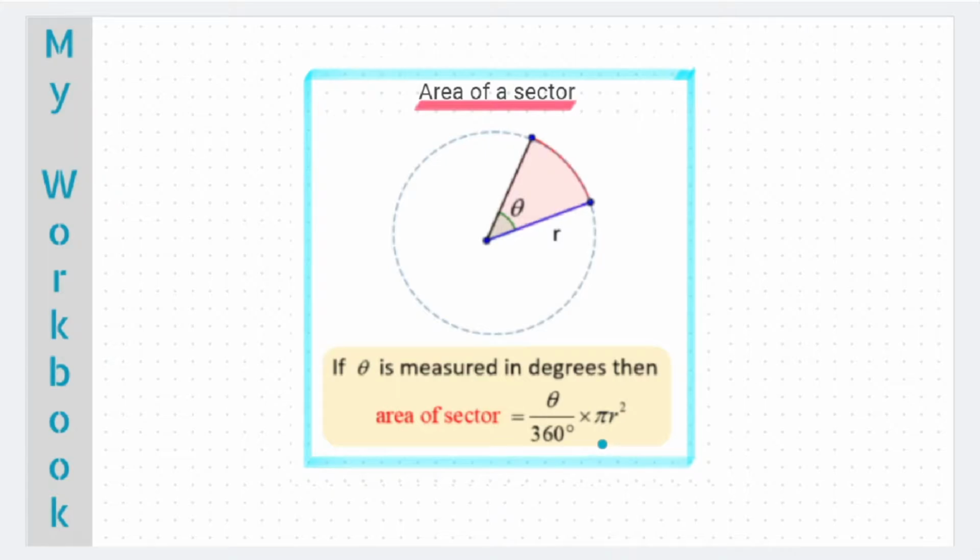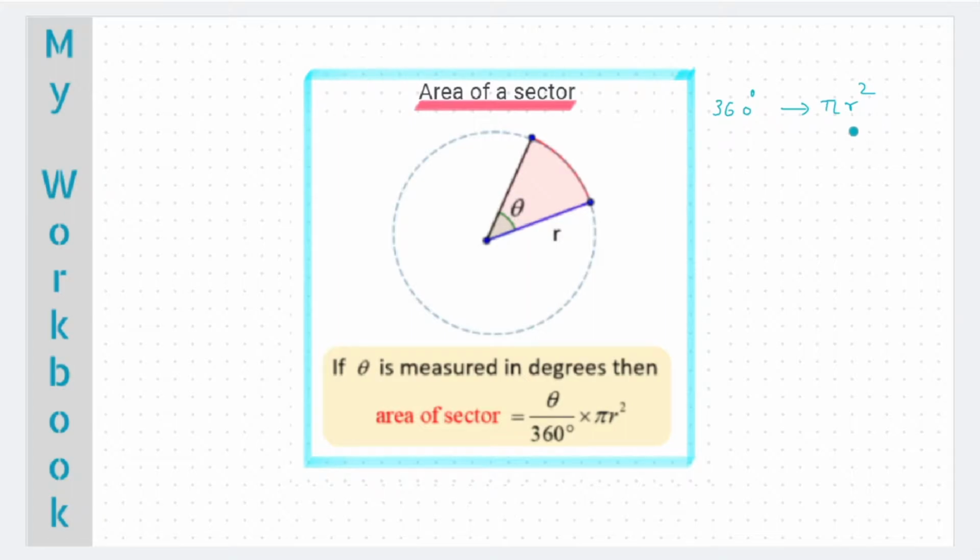We can consider the entire circle to be a sector where the angle at the center is 360 degrees. If we come around the center point, the angle around the center is 360 degrees. So when the angle at the center is 360 degrees, the area of that shape, that is the circle, is pi r square.